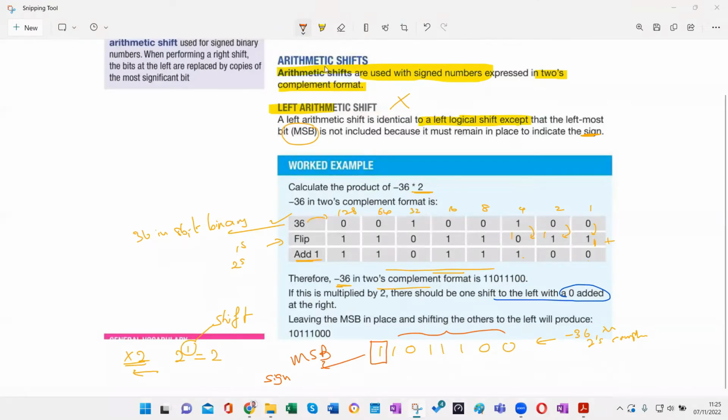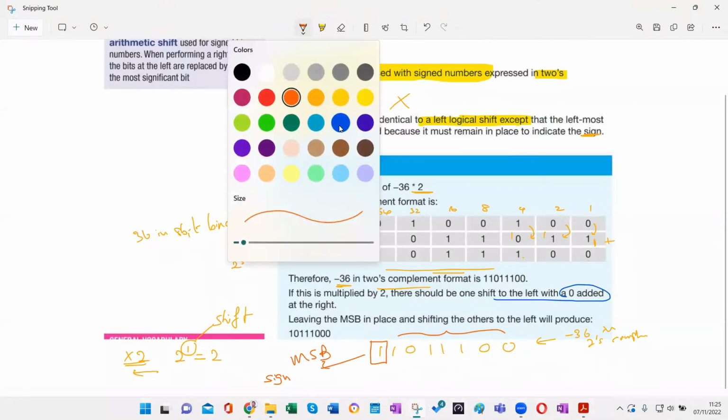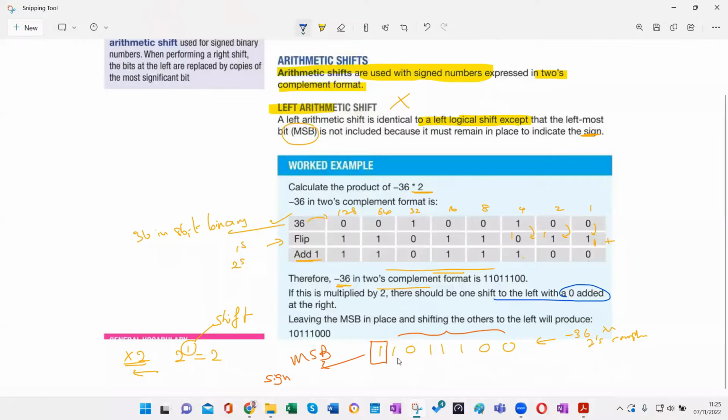Okay, so that's the most important thing, right? Now when I'm shifting, look, I had to move this one to the left side. But then the question is, I cannot move that to the place where the most significant bit is. Then where does it go? It actually goes out.